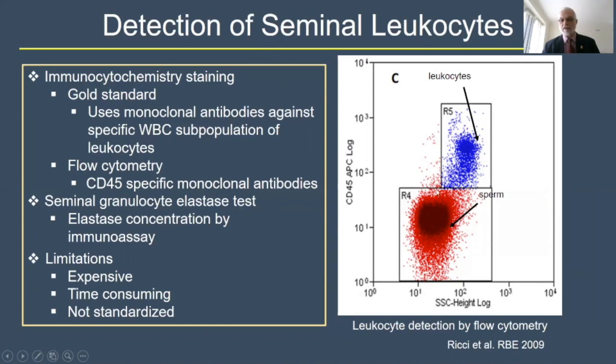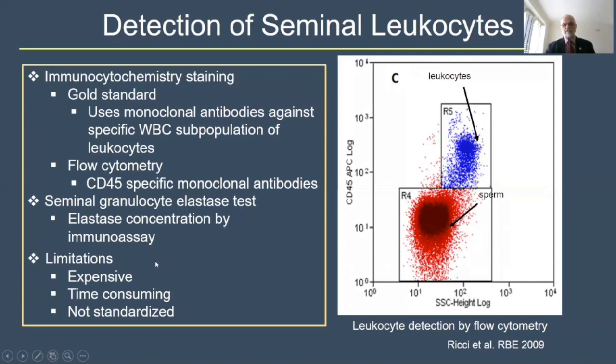You can clearly distinguish this group of leukocytes, and here at the bottom are the spermatozoa. On the other hand, there are specific tests available, like the seminal granulocyte elastase test, which is done as an immunoassay, ELISA.